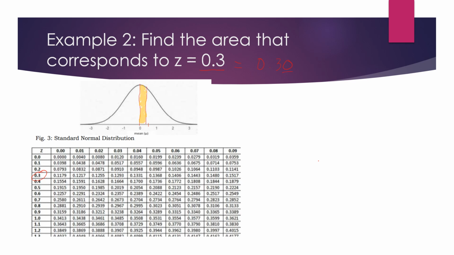Since it is 0, it falls under 0.00. And then, for the last step, let us now locate their intersection. And it falls under 0.1179. The area is 0.1179.